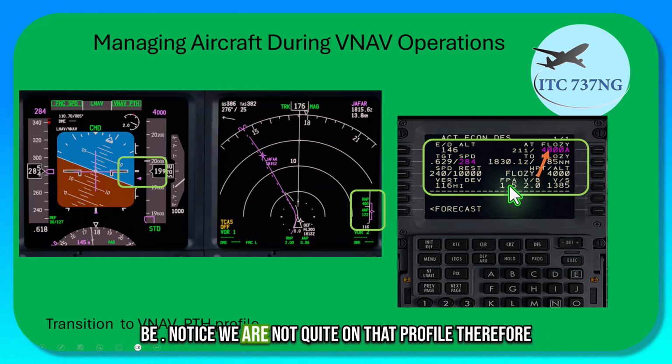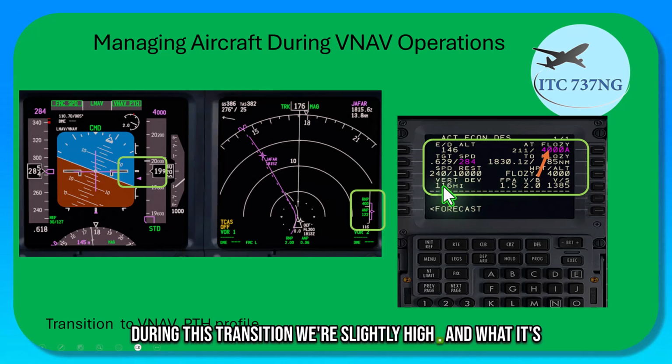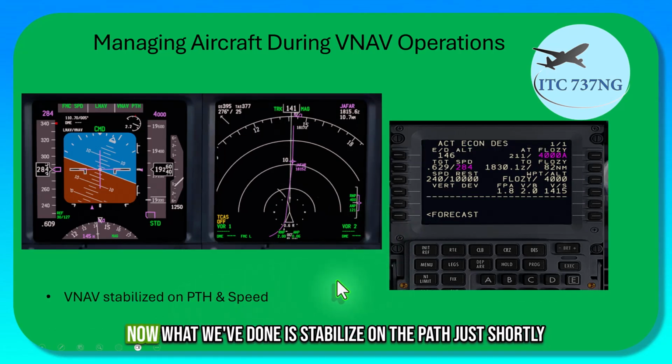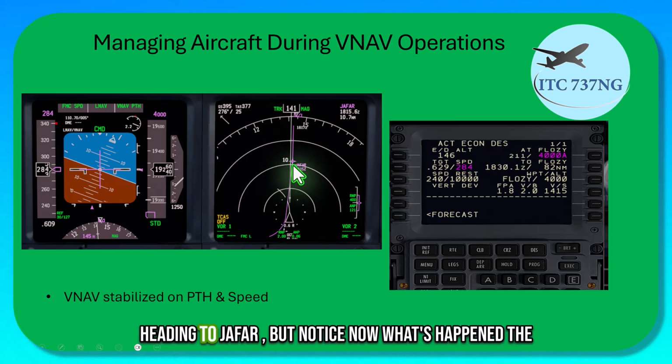Notice we are not quite on that profile. Therefore, during this transition, we're slightly high, and it's showing us that we're high on these indicators. So now we've stabilized on the path just shortly after what we had seen, and we're still in the turn heading to Jafar.